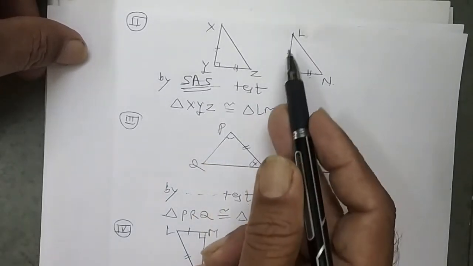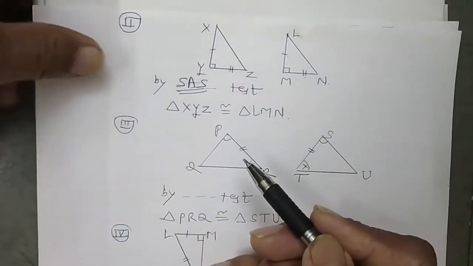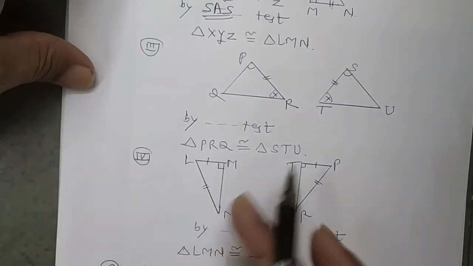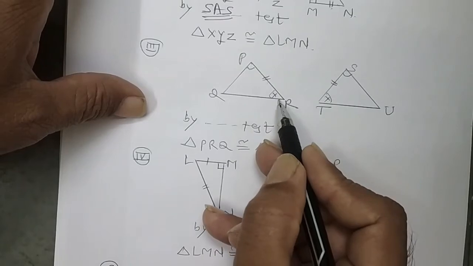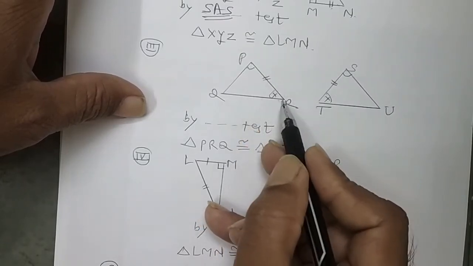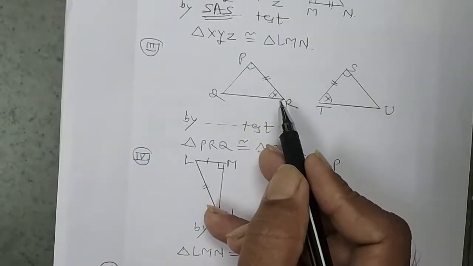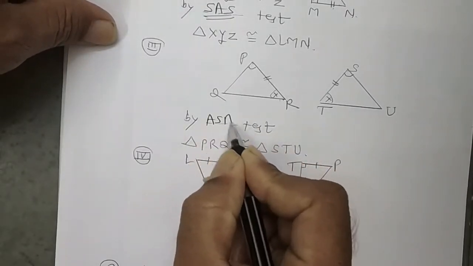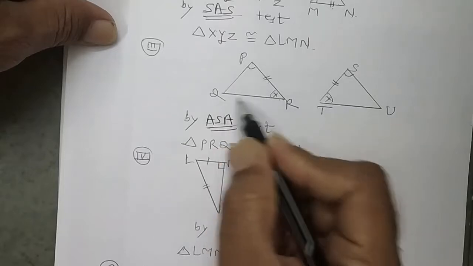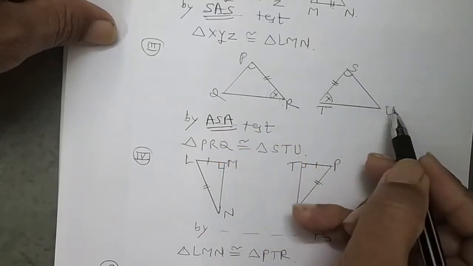Triangle XYZ congruent to triangle LMN. Third, here by the angle side angle test, the ASA test, triangle PQR congruent to triangle STU.